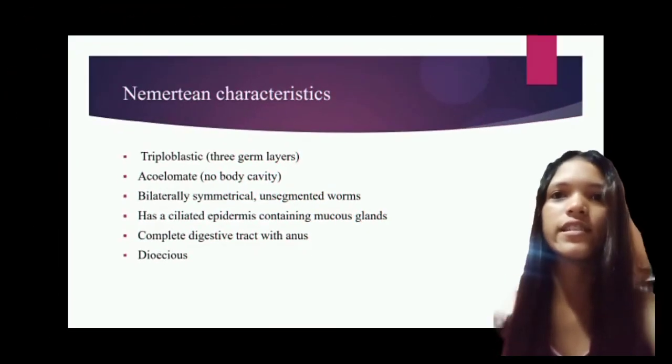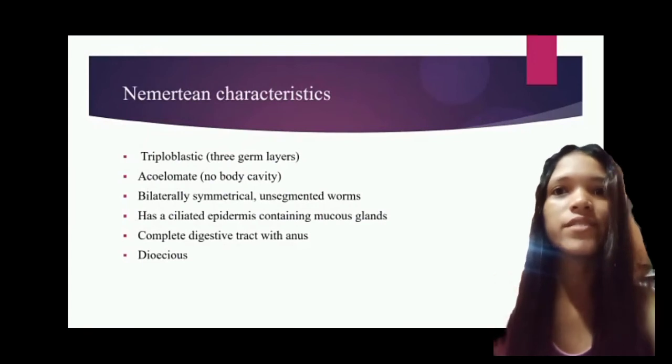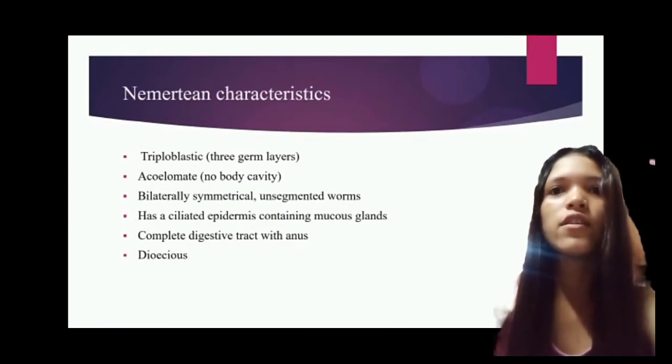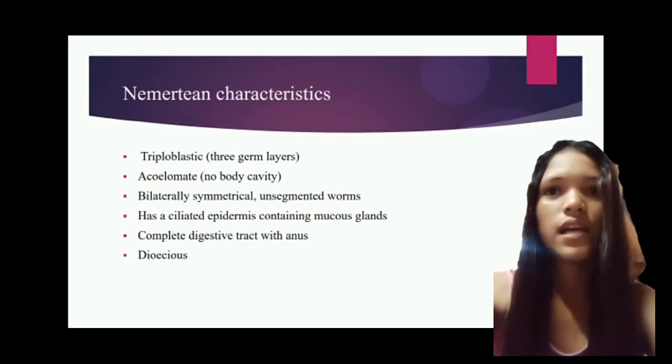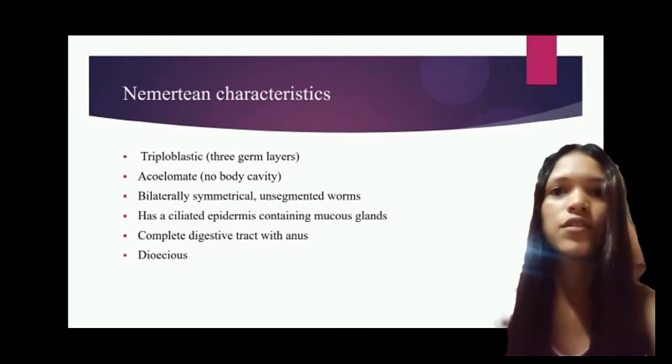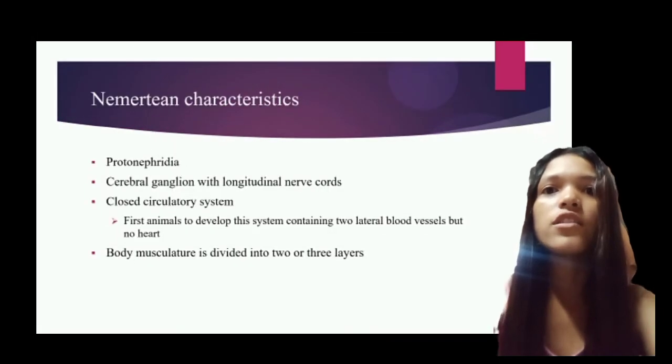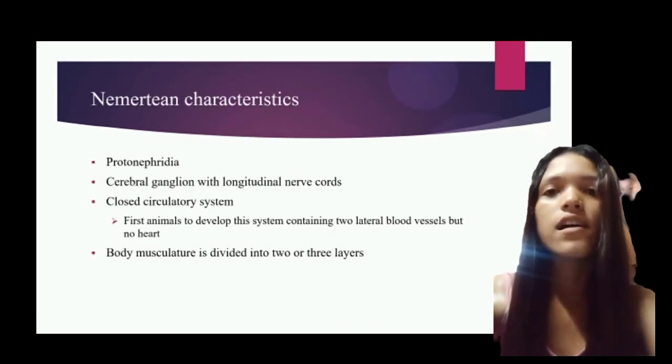Nemertean characteristics. Number 1. Triploblastic or three germ layers. Acoelomate, no body cavity. Bilaterally symmetrical and unsegmented worms. Has a ciliated epidermis containing mucous glands. They have a complete digestive tract with an anus. Dioecious. Protonephridia.